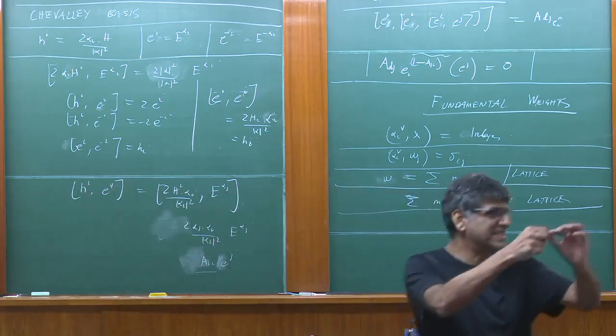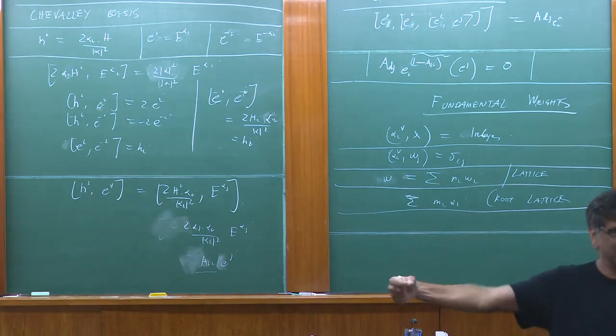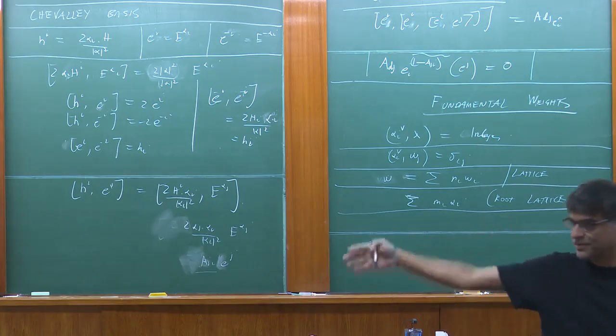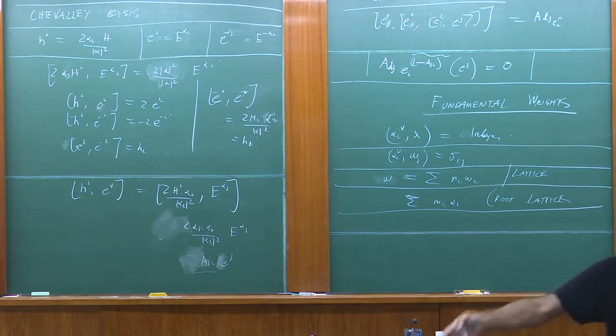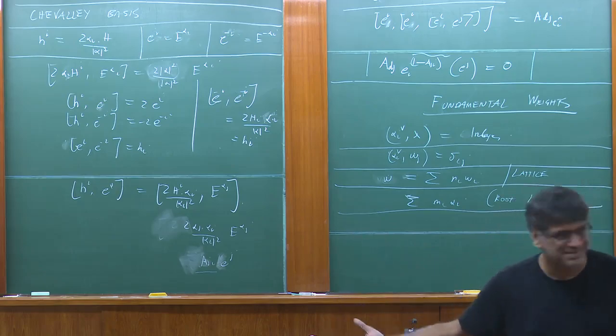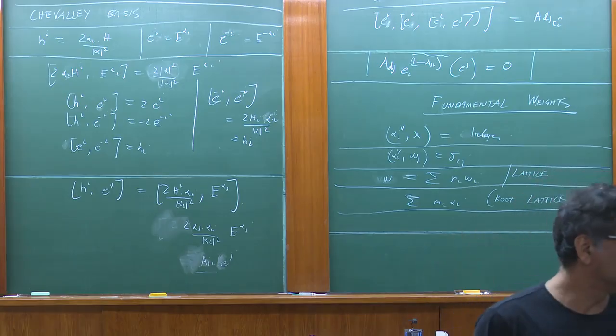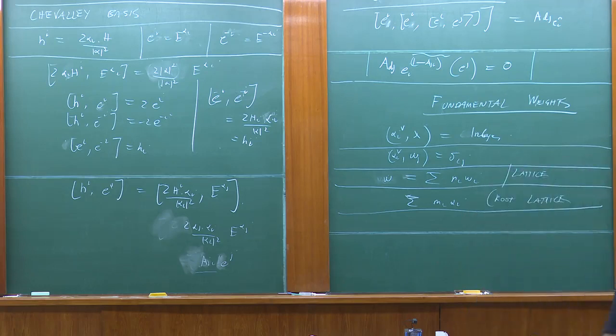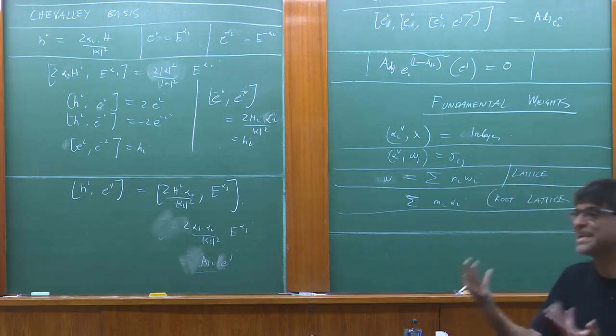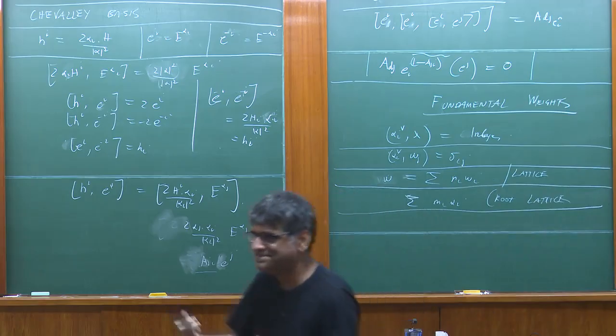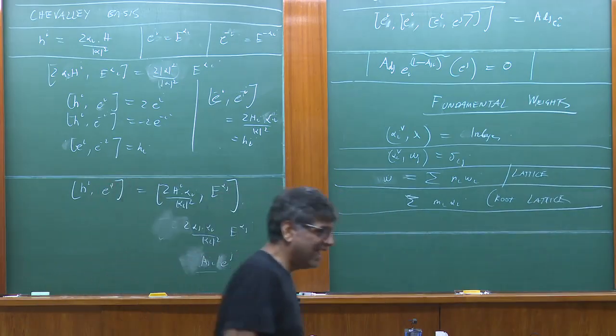Okay? So we've got a very trivial, one-dimensional lattice with half integer values, that's the weight lattice. We've got a lattice with integer values, that's the root lattice. And sometimes it is of interest to study one modulo the other. So in this case, the weight lattice modulo the root lattice is just Z2.